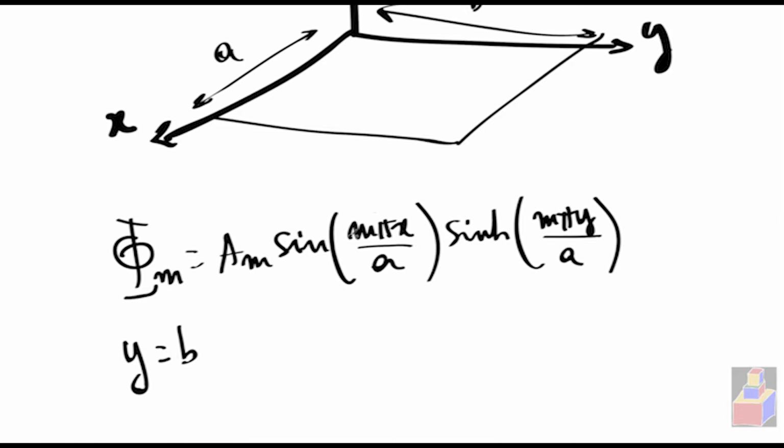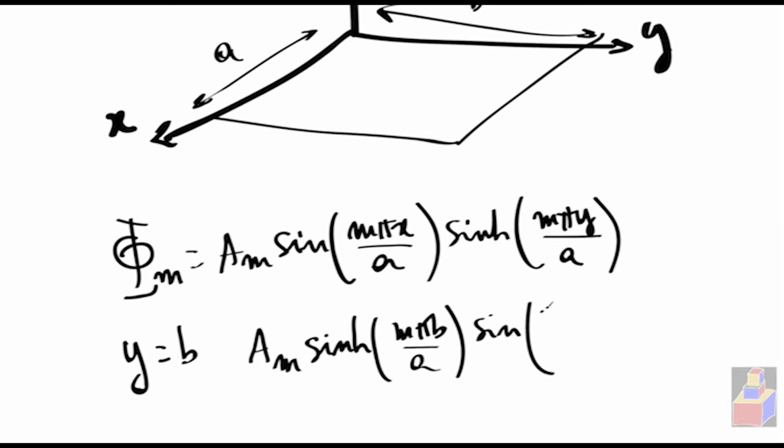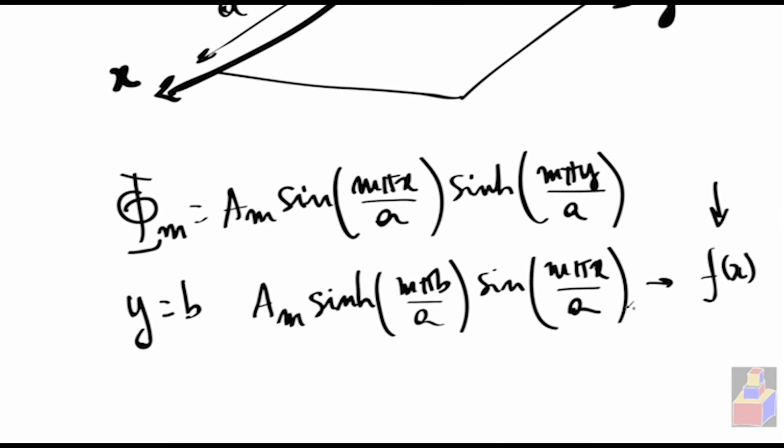So at y equals b, you're going to have A_m sinh(mπb/a) sine(mπx/a), and I want to make this equal to f(x), where f(x) is an arbitrary function which I, in fact, don't know. So I cannot satisfy this problem with a single function like this. The single function is a periodic function. These are arbitrary functions. So what can we do?